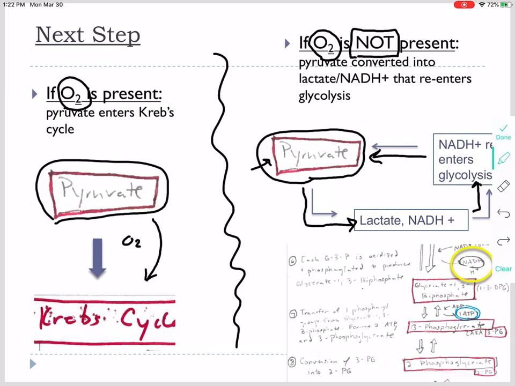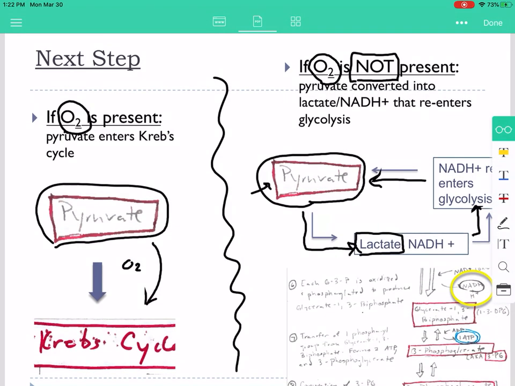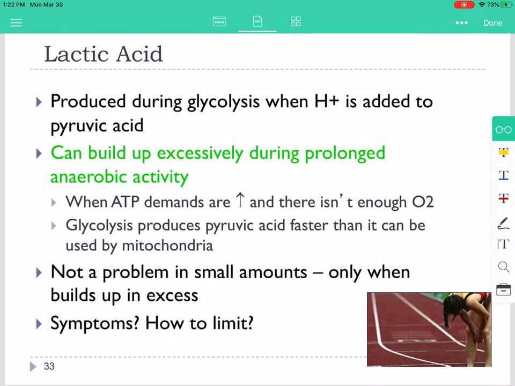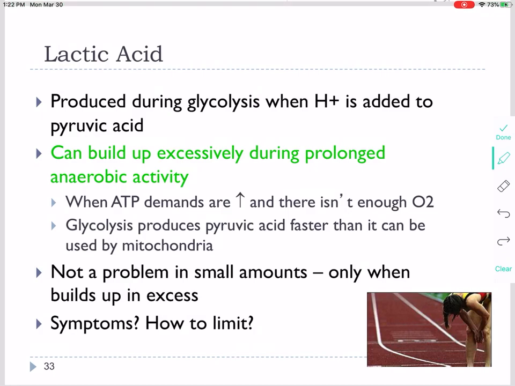So if we don't have oxygen, we have a way of buying some time. We basically just convert some things and re-enter glycolysis and do the last couple of steps of glycolysis again and again. This isn't great. The downside of continuing to do glycolysis too long is that we have a buildup of lactate. While some lactate is good, a buildup of lactate is bad.